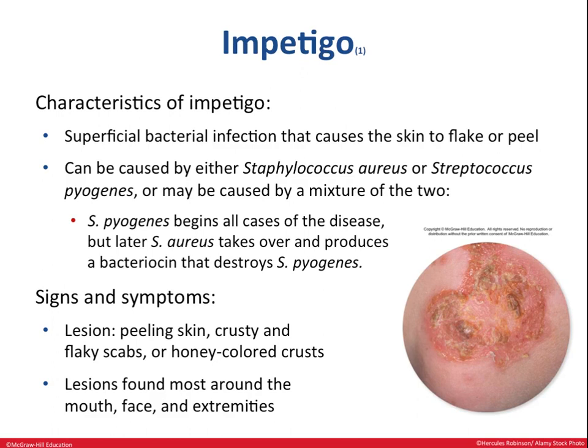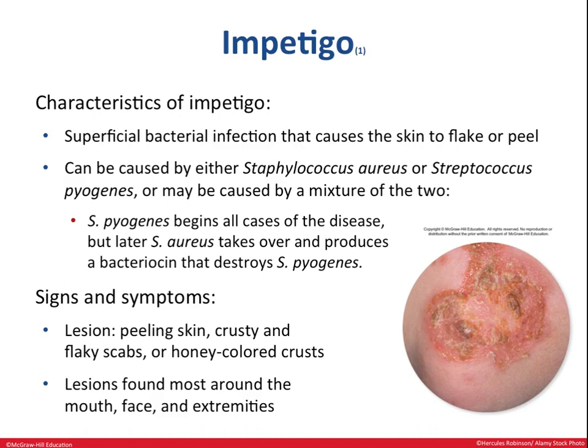Streptococcus pyogenes can begin the cases of the disease, but S. aureus takes over. If impetigo is caused by both bacteria, in the beginning it may be Streptococcus pyogenes, which is then killed by Staphylococcus aureus.